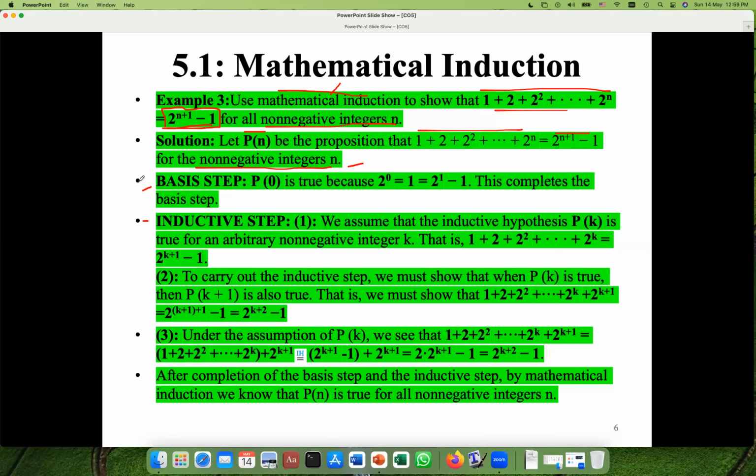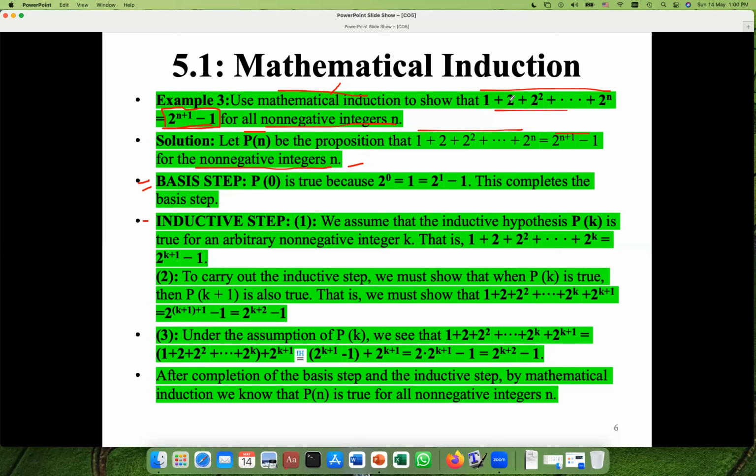And now the basis step. You have to identify the basis step with care, because here a mistake can happen. If you look over here, you will understand that these are powers of 2: 2 raised to the power 2, 2 raised to the power 3, and so on up to 2 raised to the power n.